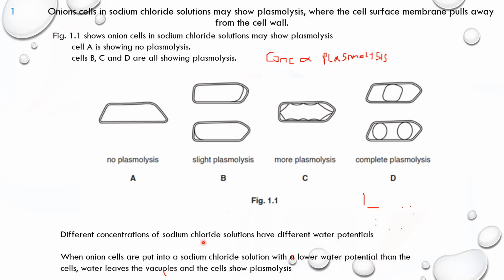That means the higher the concentration of sodium chloride in a solution, the lower the water potential. When onion cells are put into sodium chloride solutions with a lower water potential than the cell, water leaves the vacuoles and cells show plasmolysis.